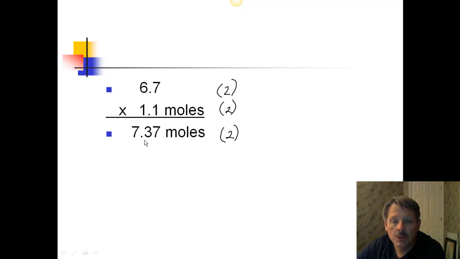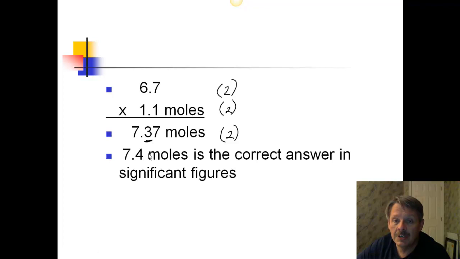So the 7.37, we have to round to only 2 significant digits. If you don't remember how to round, again, go back to Unit 1. We talked about that back then. I told you, everything builds in here. So we have to round to 7.3. The 7 is a 5 or greater, so we round the 3 up, so it becomes 7.4. So our answer is 7.4 moles to the right number of sig figs.